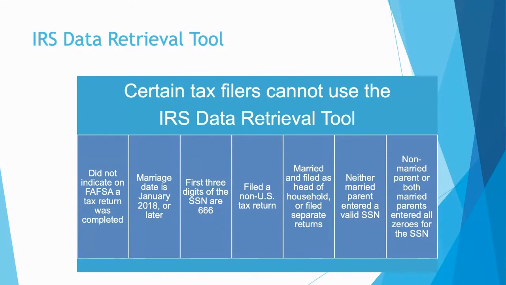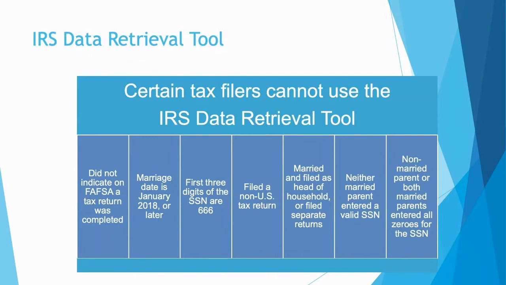If there is a social security number that begins with 666, this includes taxpayers from the freely associated states, the Republic of Palau, the Republic of the Marshall Islands, or the Federated States of Micronesia, or as well taxpayers who file a Puerto Rican tax return.